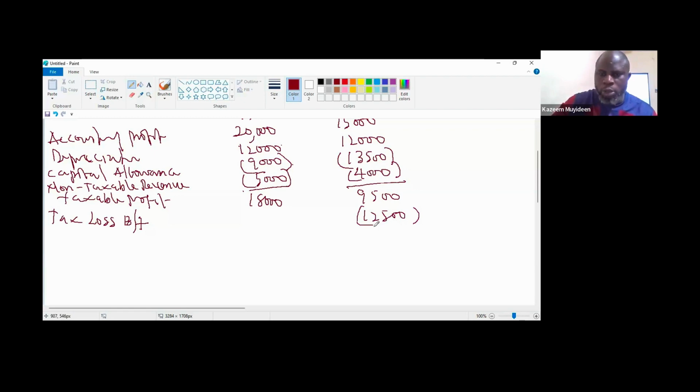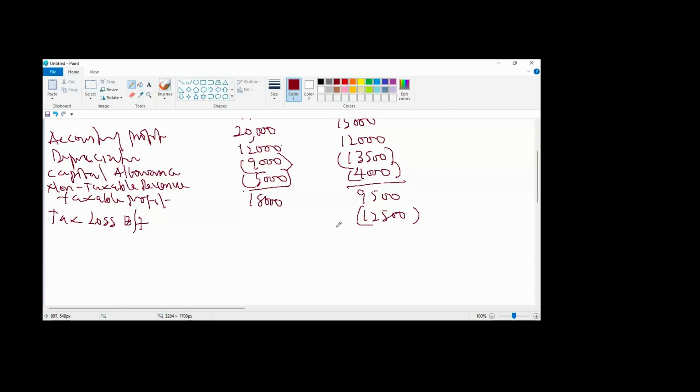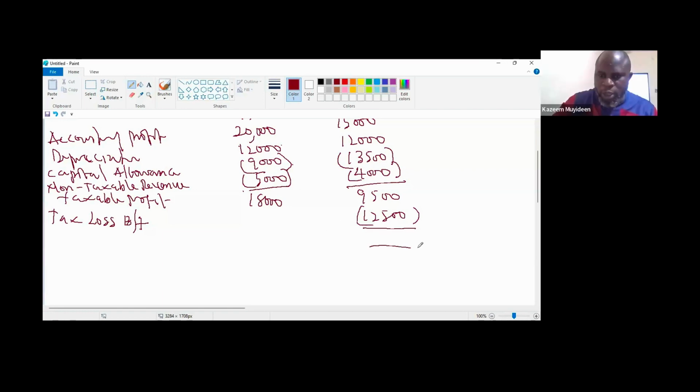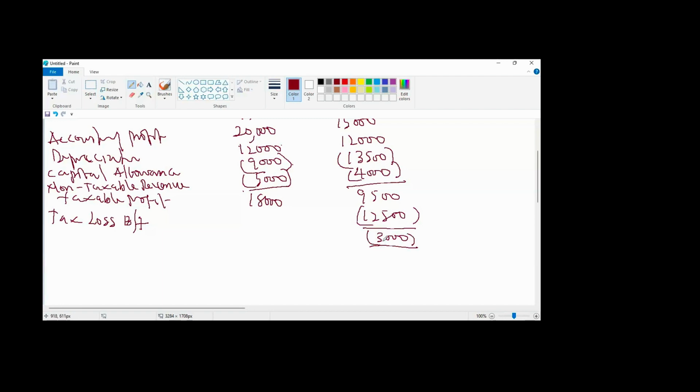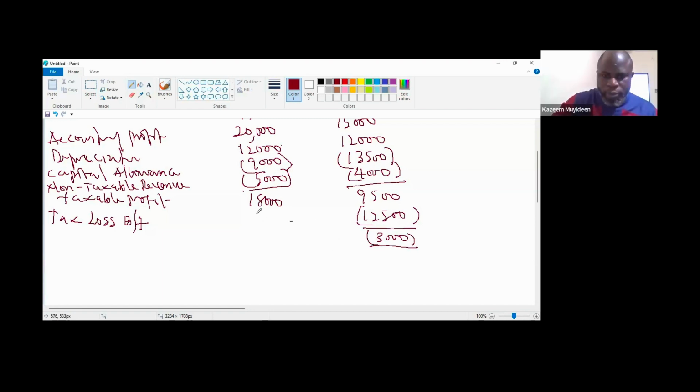So we still have a loss that we're going to bring forward to 2013. What is the loss we are bringing forward? 3,000.